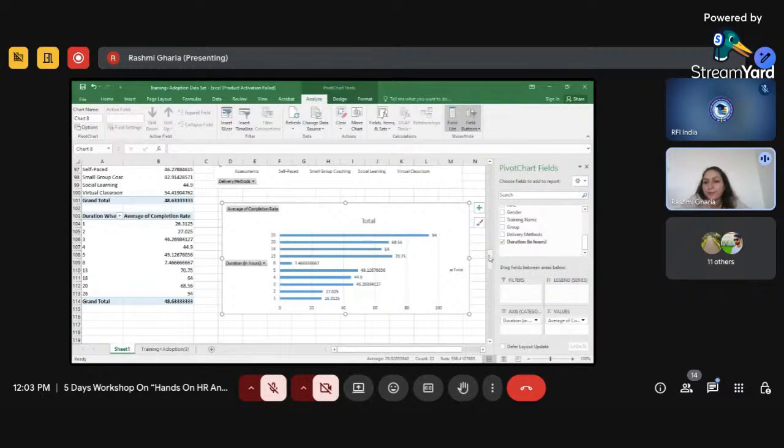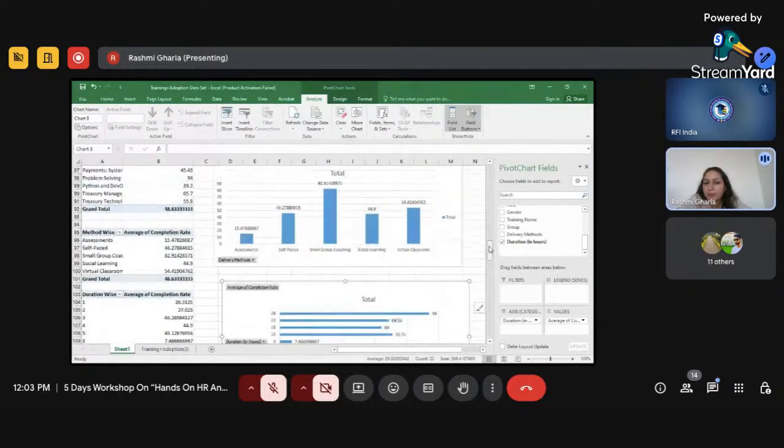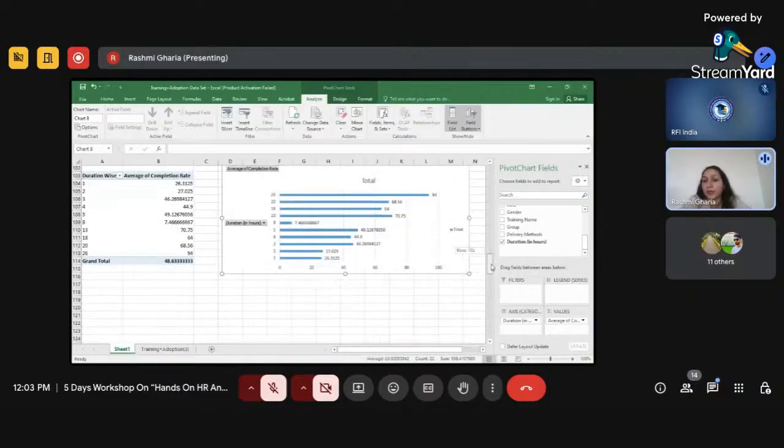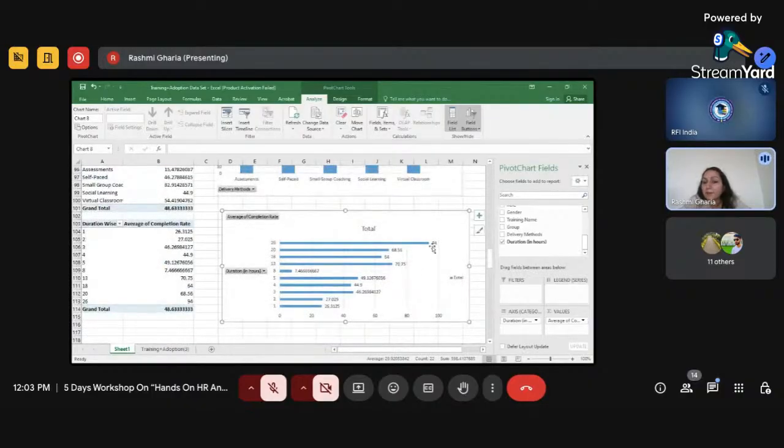Then you need to see, there may be a possibility that the method we are using for the longer duration program is small group coaching, right? So we have divided the people into small groups and then we are providing the training to them, and that's the reason the duration is extended for a longer period. But just because the methodology is right and the training program is effective, people are completing it.